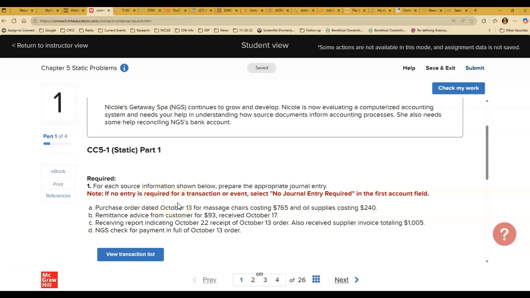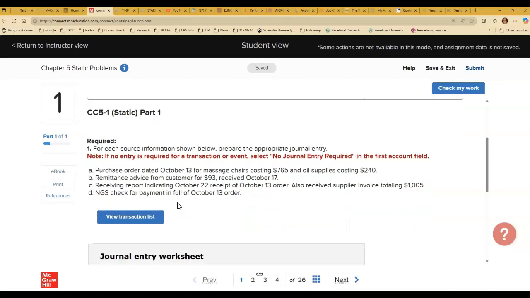So it says, for each source information shown below, prepare the appropriate journal entry. Now just realize, though, here's real world, okay? Real world is going to run something like this. As we are keying in the invoice and we email the invoice to our customer, there's a journal entry that's going to go in behind that invoice.